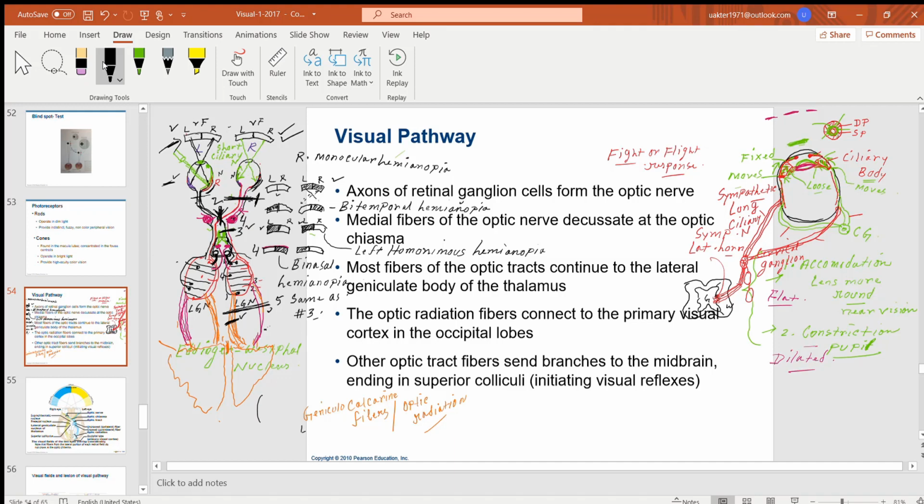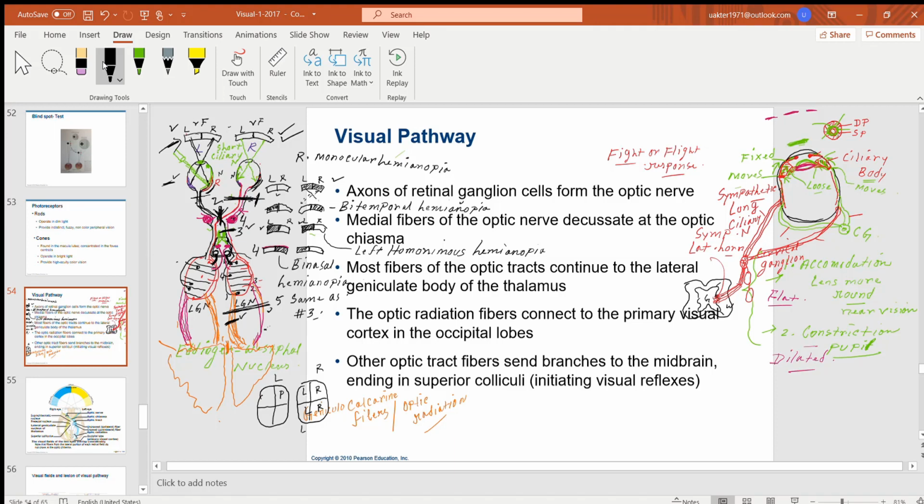Okay, so I am drawing the visual fields, right and left again. So this is right visual field, left visual field. Now I'll divide them, not only right and left halves, I'll also divide them into upper and lower. Okay, so this is right upper, left upper, right lower, left lower.